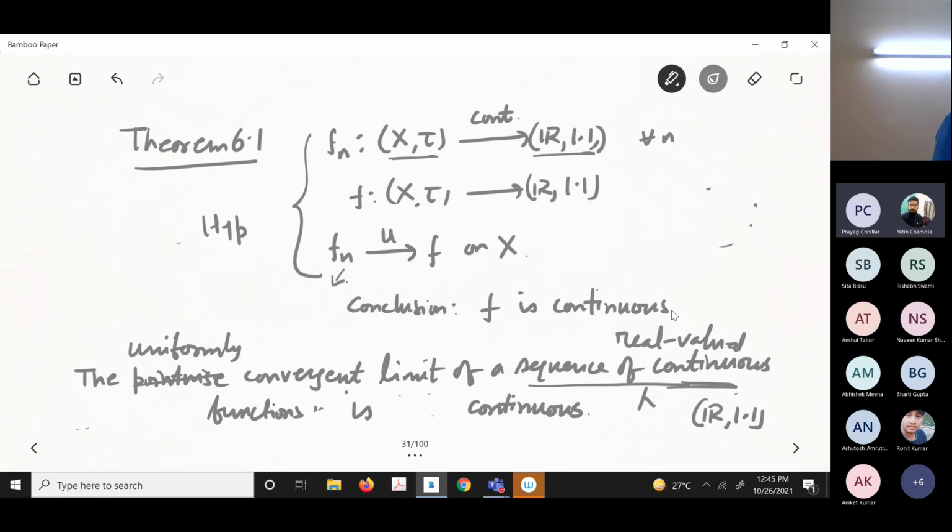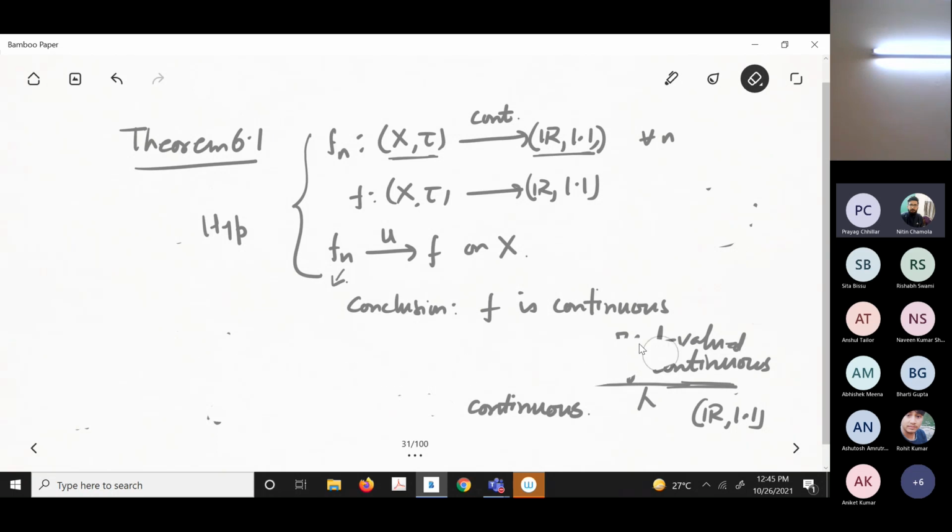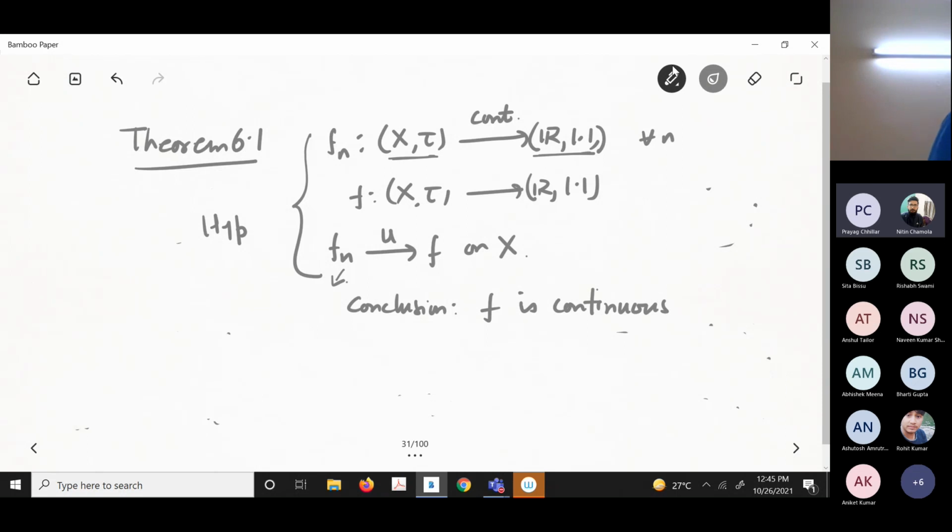Okay. I have given the proof. The proof is not difficult at all. But let me tell you about some technique here. If you look, I have used the triangle inequality, and I have given epsilon, with three parts, epsilon by 3.